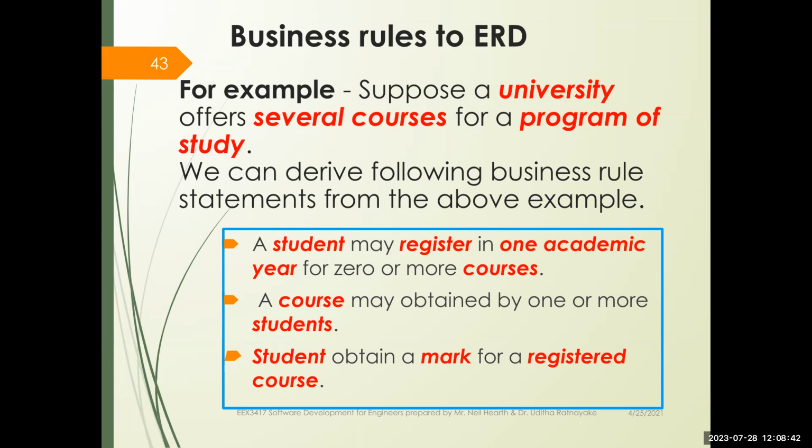He can be registered as a student only. A course may be obtained by one or more students. A student obtains a mark for a registered course.